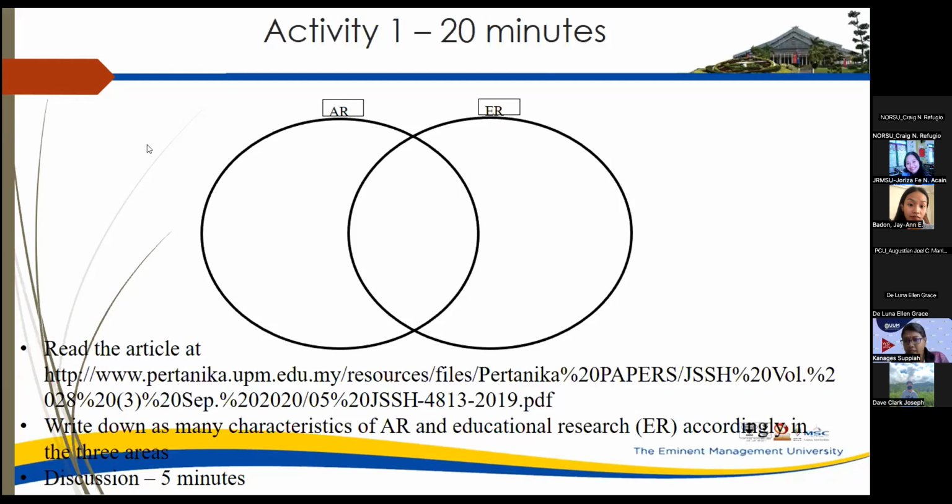Are you able to access the article? Yes, Doc. Yes, okay, right.